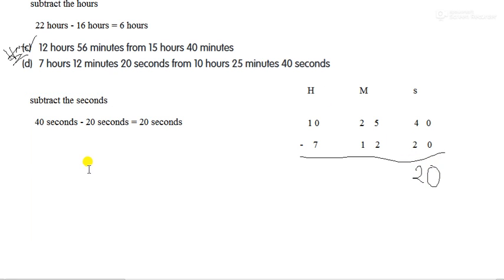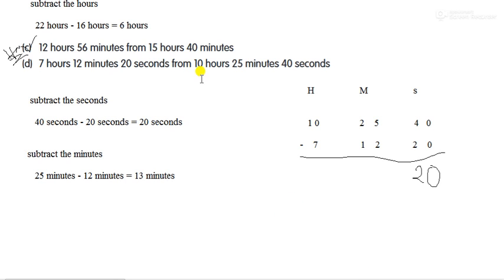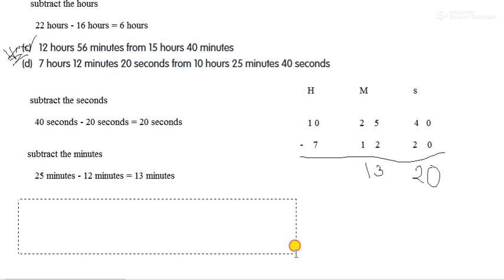Now the next step is subtract the minutes. Here 25 minutes minus 12 minutes. So 25 minus 12 is 13 minutes. So write the 13 in the minutes column. Now next is to subtract the hours.